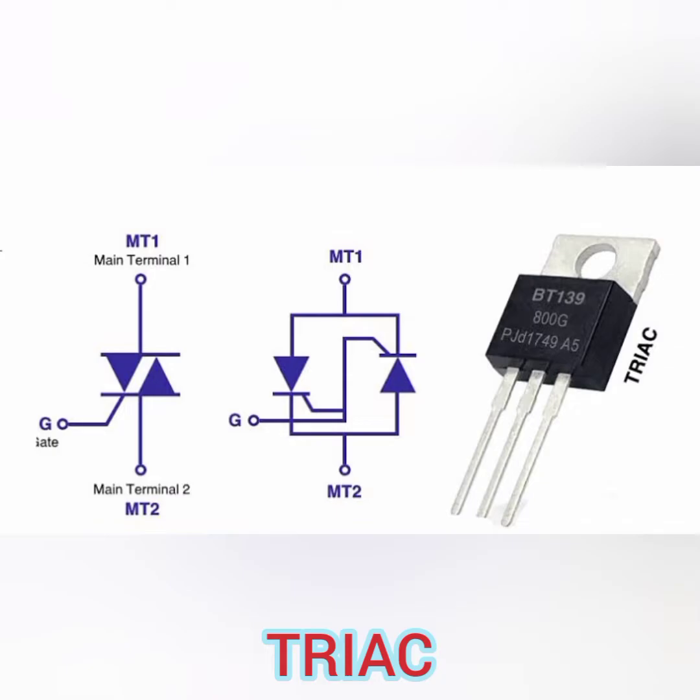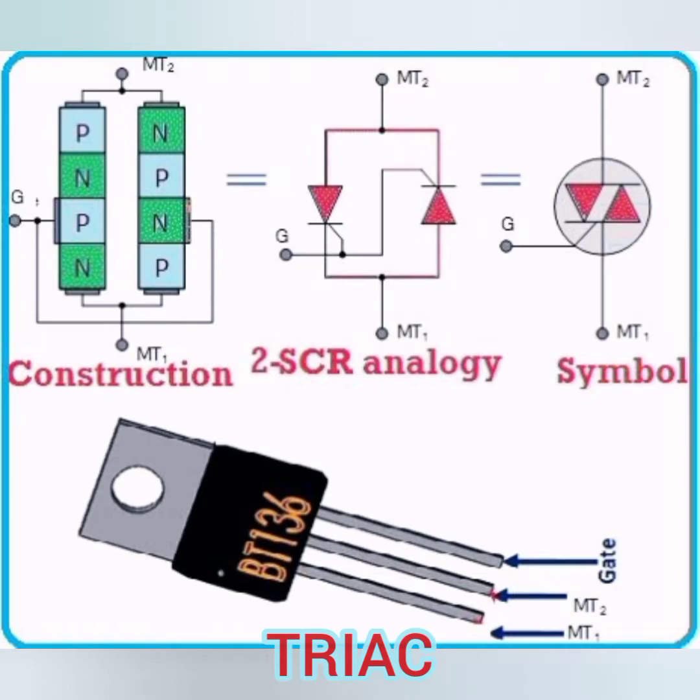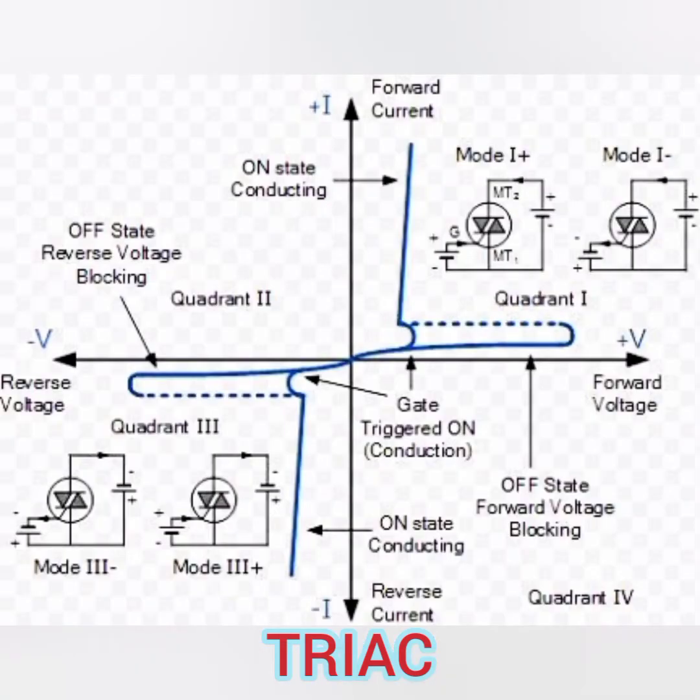Next, this is the TRIAC diagram. Here we have the MT1 and MT2 terminals and also a gate for triggering or controlled turning on and off of the TRIAC. These are the PN junctions given here, which means two thyristors connected in parallel.